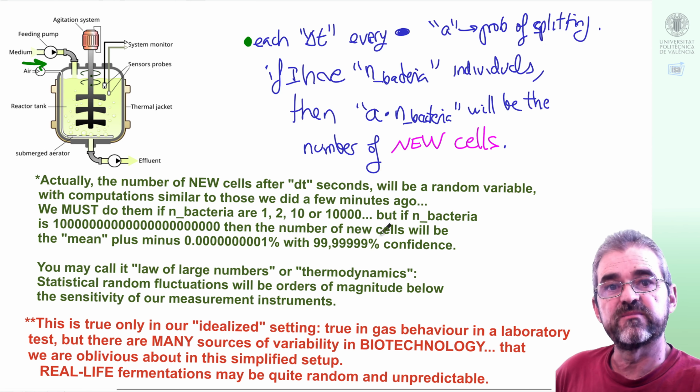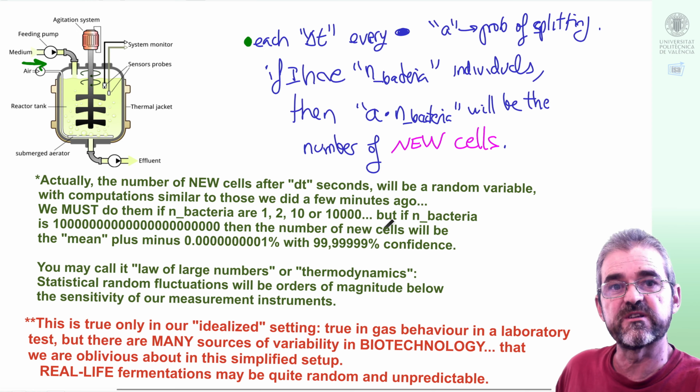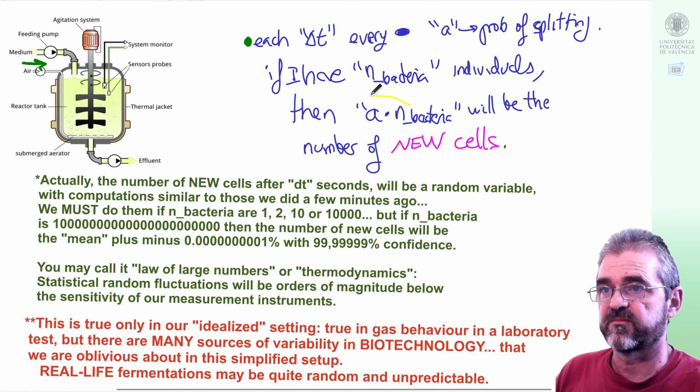So basically, that's it. When we have a lot of bacteria deciding whether we split or not, then if they split with 10% probability, then the number of new cells will be 10% of that trillion cells. So, well, this is the main idea.